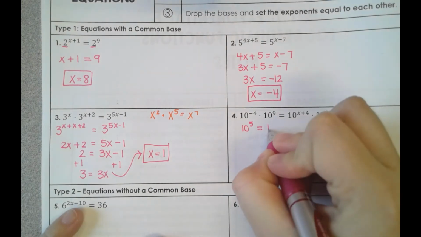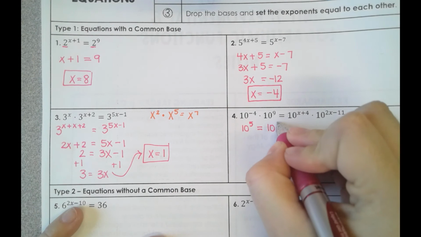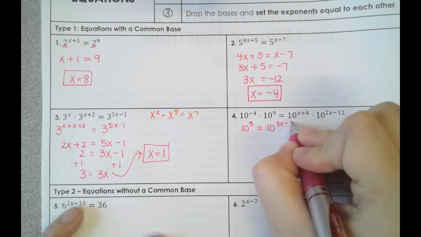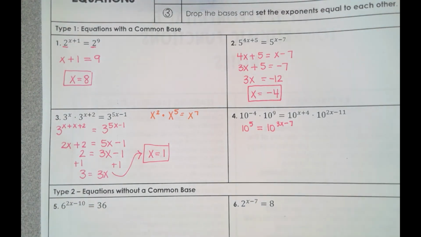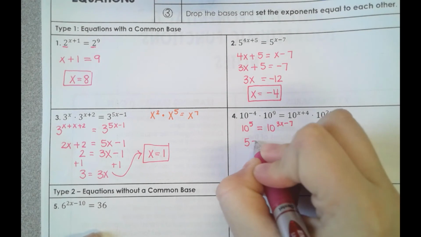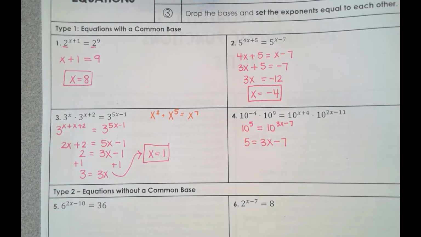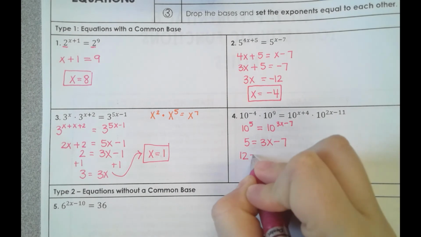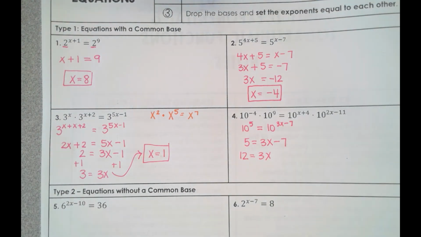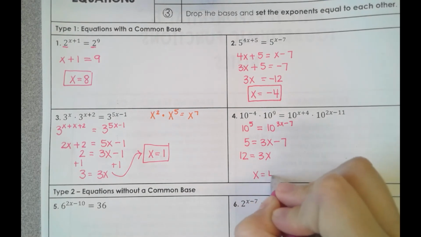And this would be 10 to the 3x minus 7 power. So then we would have 5 equals 3x minus 7. Adding 7 gives us 12 equals 3x, and so x equals 4. Good.